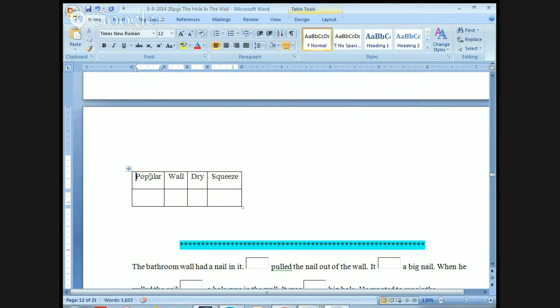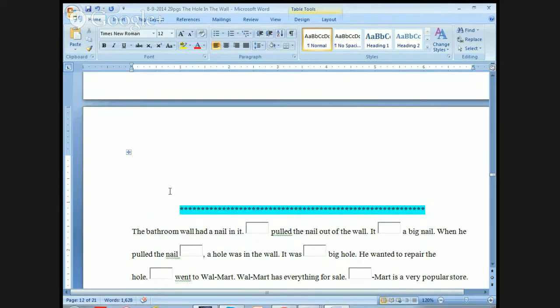She advised him to buy a special tool to put into the wall and to squeeze into the wall and to repair it. This was a popular tool which will dry in one day. Okay. You did that in 40 seconds. If I had more words, you would have finished those words as well.